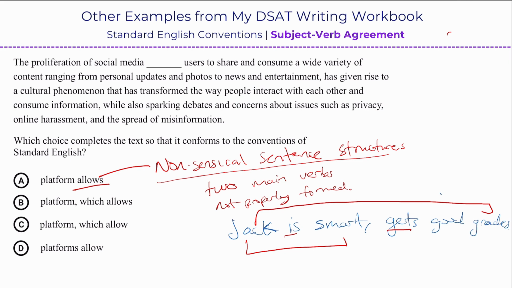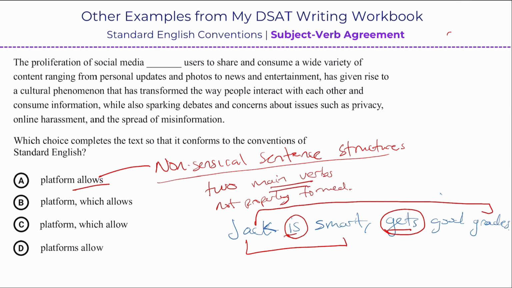It's not properly formed. You could say Jack is smart and gets good grades, right? But you can't say Jack is smart, comma, gets good grades. Okay, so we have two main verbs that are not properly formed or structured, creating this sentence structure that I just call ridiculous, it's nonsensical. Okay, now that's the reason why A is going to be wrong.